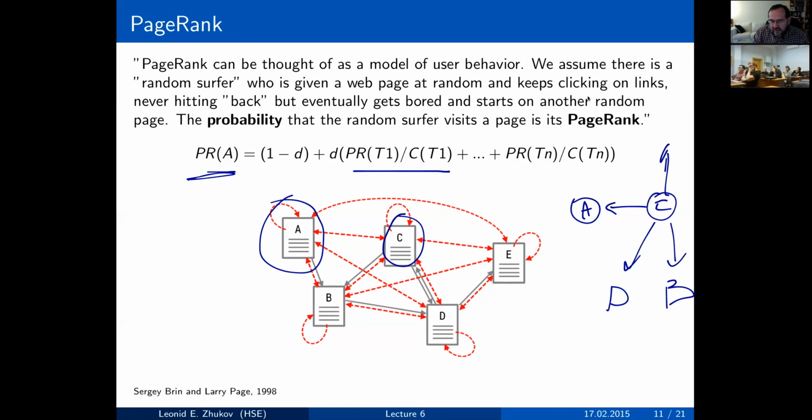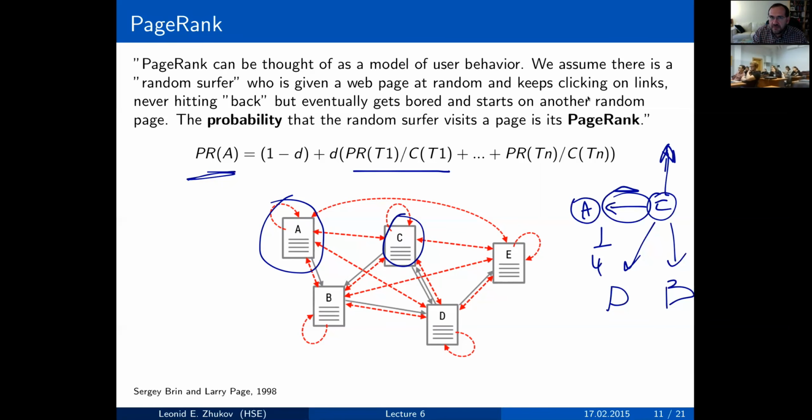And so if you're on this node C, the probability that you will be on node A on the next step is the probability that you're on node C times the probability that you actually follow this link. If there are, in this case, I drew 4 outgoing links, then the probability that you will follow one of them is 1/4. And so that's why it's a random surfer model.